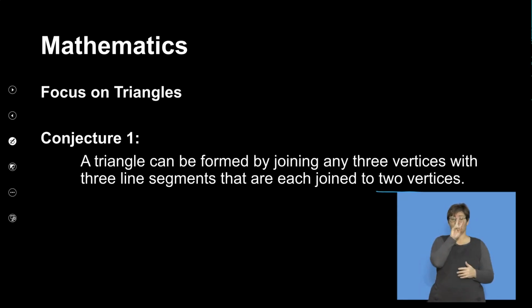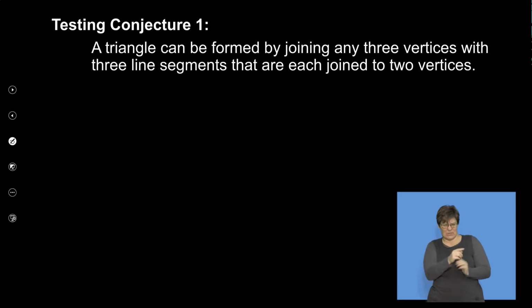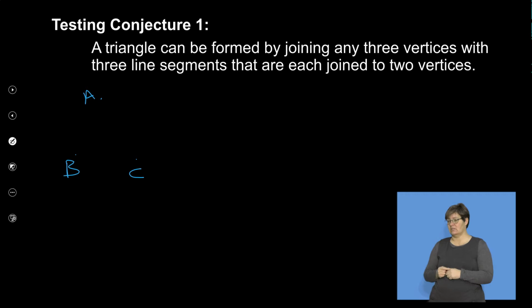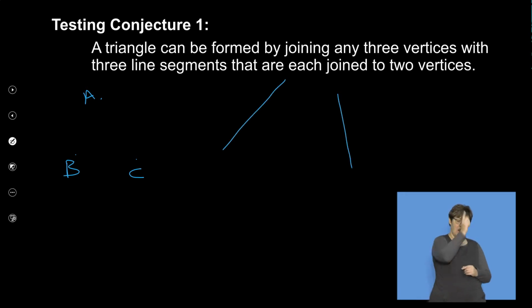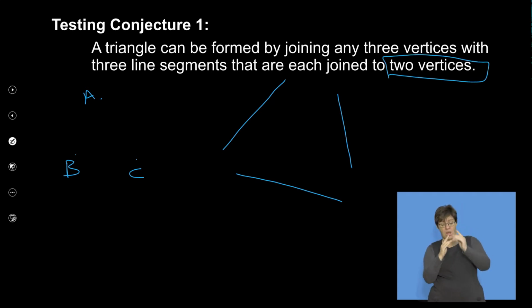What does this mean? It means that I have one point there which I will call A, another point there which I will call B, and another point there which I will call C. And then I have a line there, a line there, and a line there. If I join all these three lines, each line will need to be between two vertices. That's what the statement says.